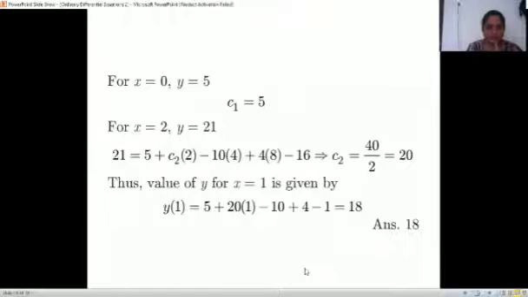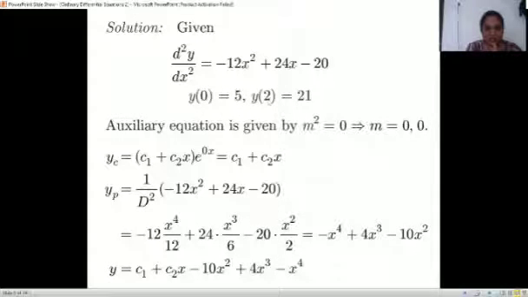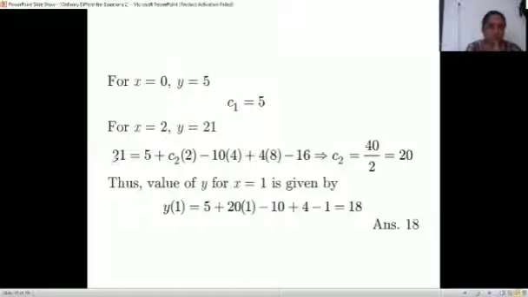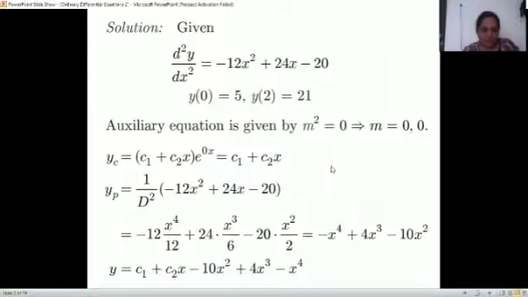So C1 is 5. Second condition is when x is 2, y is 21. So put x is 2 and y is 21. Also we can put C1 is 5 there. Solving this equation, we get C2 is 20.